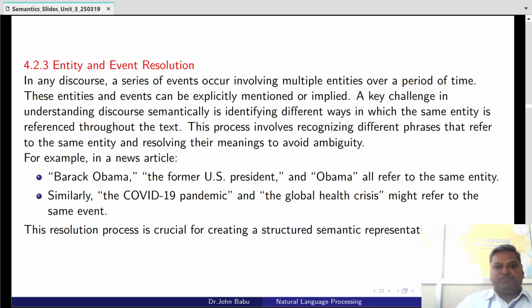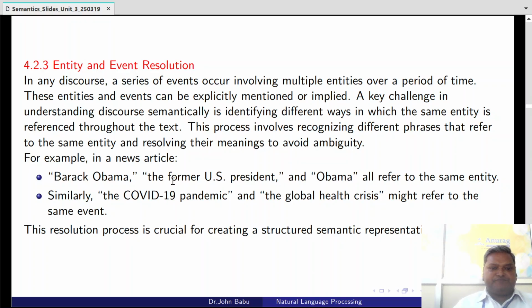Sometimes, for example, the ambiguity here is we may say Barack Obama or the former US president or Obama. They all refer to the same entity. You can say superstar, you can say Prince Mahesh Babu or Mahesh. All those refer to the same person, a Tollywood hero. So this is entity.